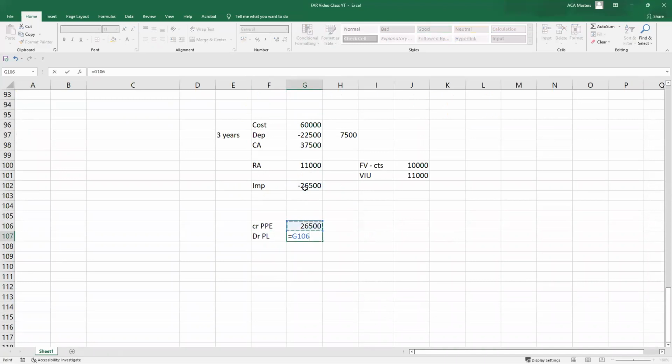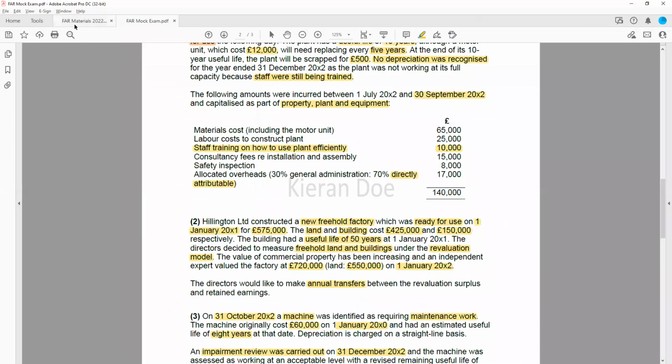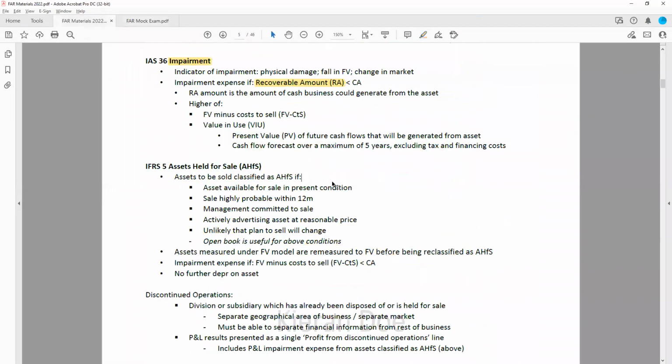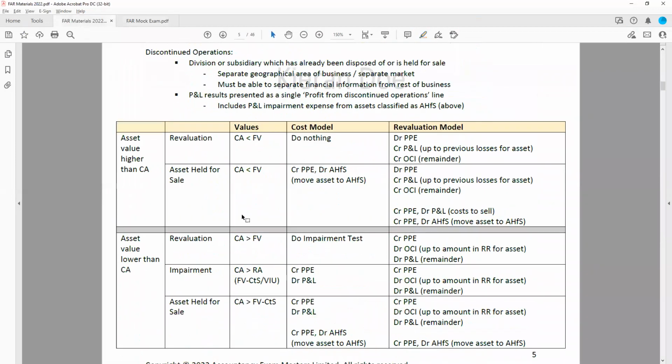Now this is all going to go to the P&L, but if that asset had been under the revaluation model and had previously been revalued upwards, then you would firstly debit OCI up to the amount in the revaluation reserve for that asset.